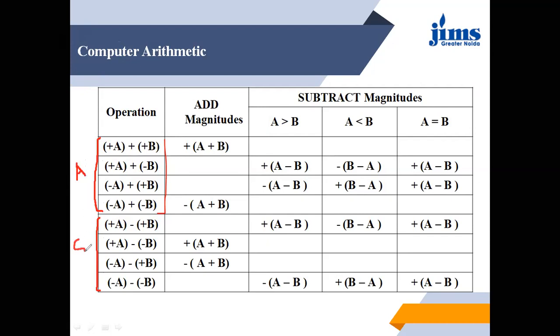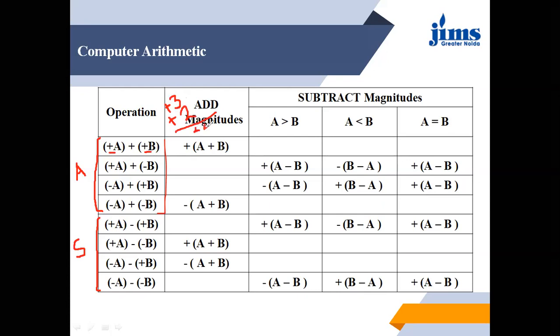The upper four rows are for addition and the lower four rows are for subtraction. For addition first, when I want to add a positive number and another positive number, suppose I add plus 3 with plus 2, then the addition will be plus 5.